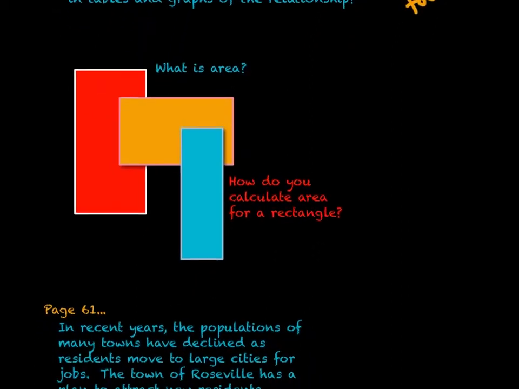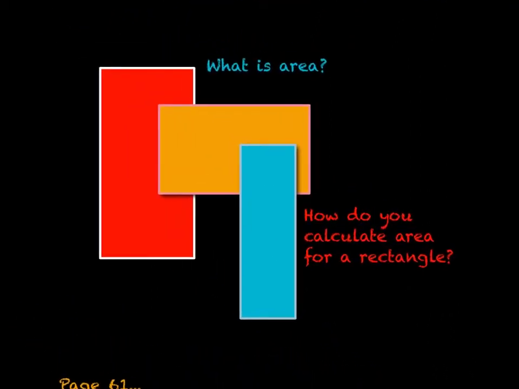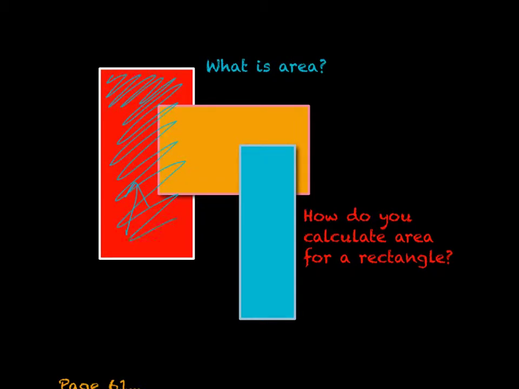So, what is area? Let's talk about it. If we're looking specifically at area of a rectangle or whatever it may be, what is it? Well, in all reality, it is everything that is inside of that particular object. Every single little bit of stuff that is inside of it.